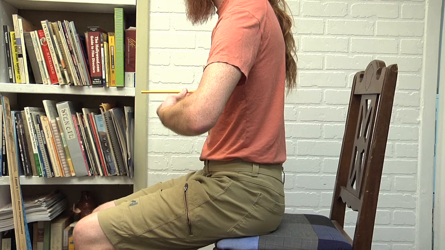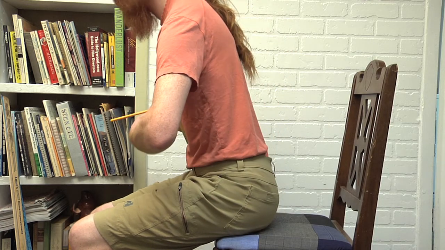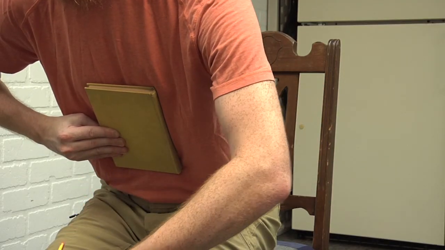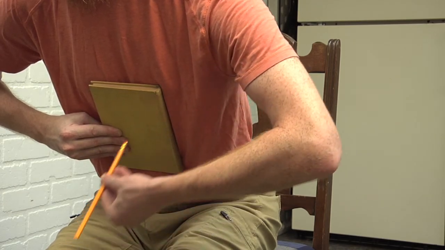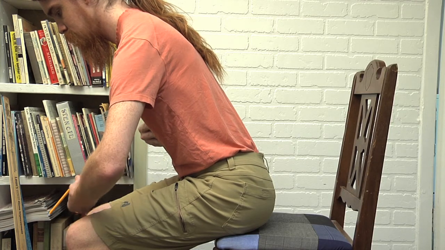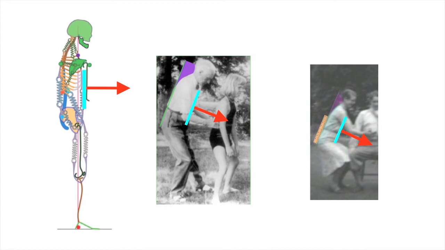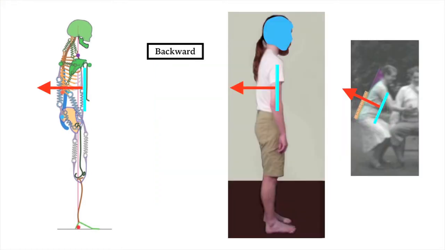If you do this, you will see that what forward of the plane of the ribs means changes as you lean. If the plane of the ribs is angled, forward will be angled. The next direction we will define is backward, which is the opposite of forward. So if the order was to pull the bottom of your sternum backward, that would be backward in relation to the plane of the ribs.